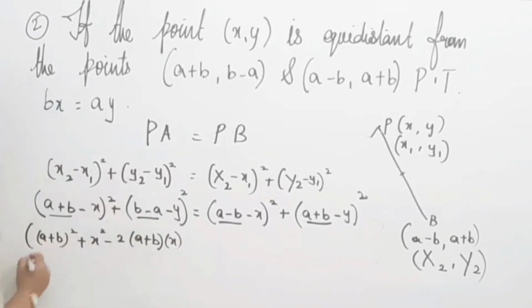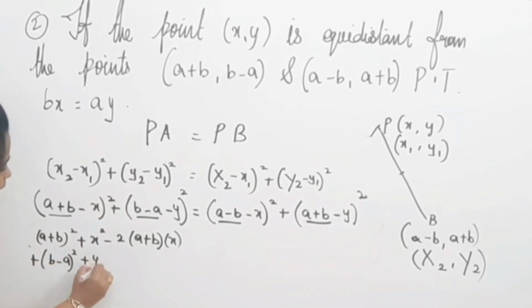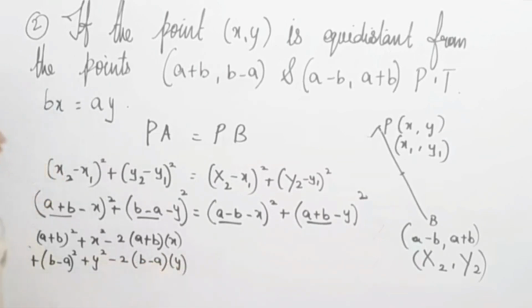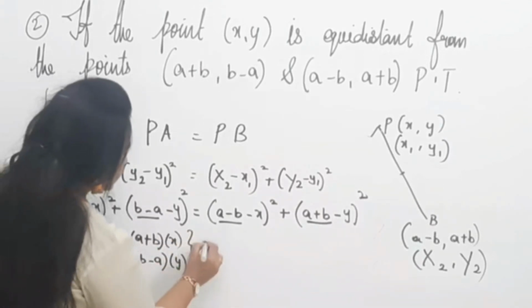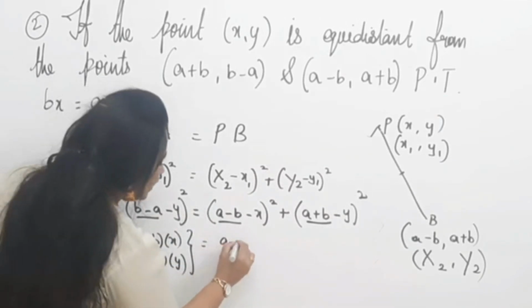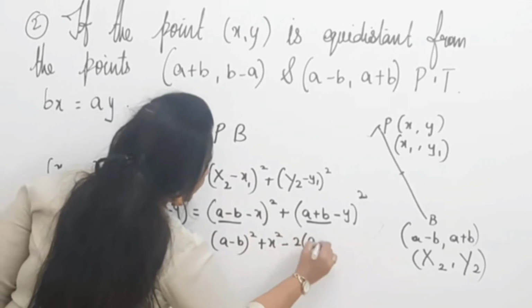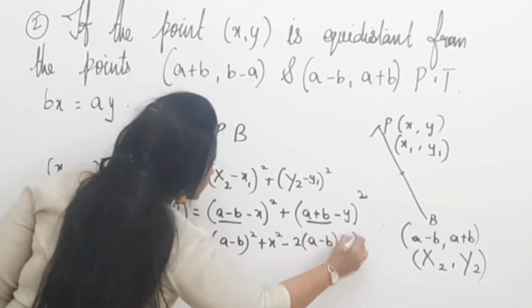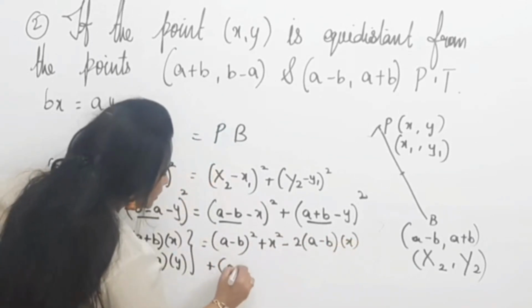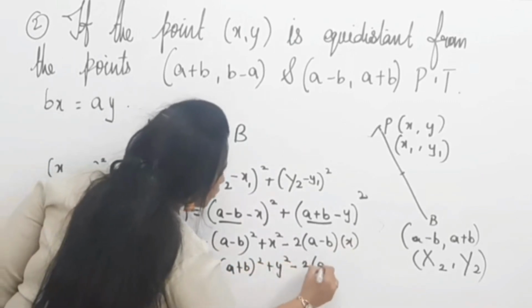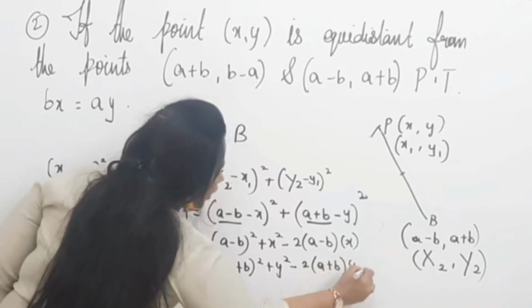Now this one I write here, that would become plus b minus a the whole square plus y square minus 2 into b minus a into y, which is equal to a minus b the whole square plus x square minus 2 into a minus b into x plus a plus b the whole square plus y square minus 2 into a plus b into y.